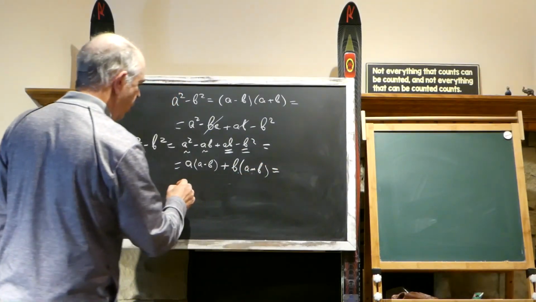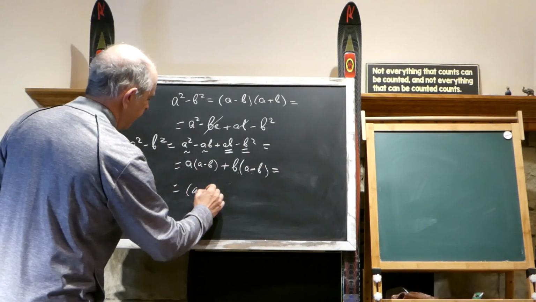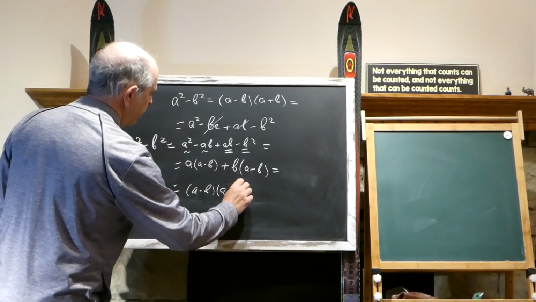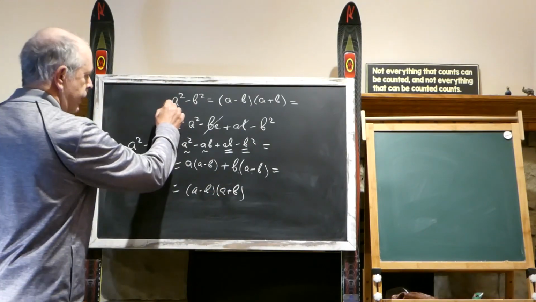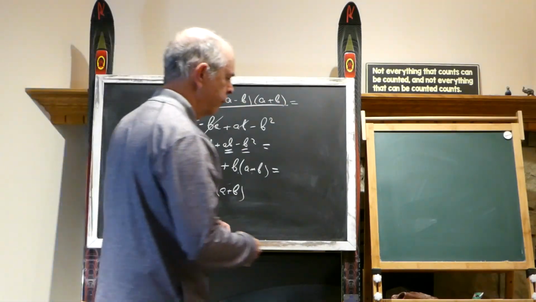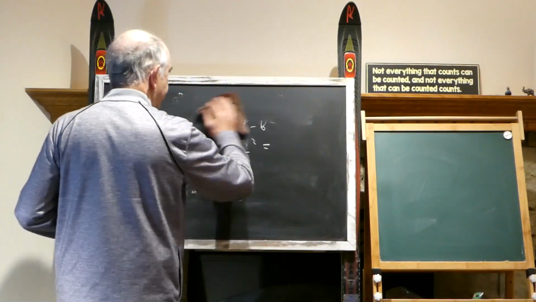Okay, so what's now? We have a minus b should go out. From the first we have a, from the second we have b. And this is exactly the formula that we needed to prove.